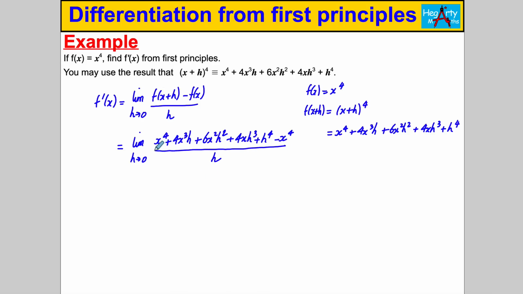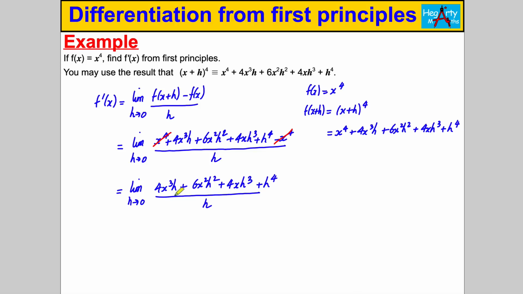As we've seen previously, that first term and that last term end up eliminating each other, and we get the limit as h tends to 0 of 4x cubed h plus 6x squared h squared plus 4xh cubed plus h to the power of 4, all divided by h.